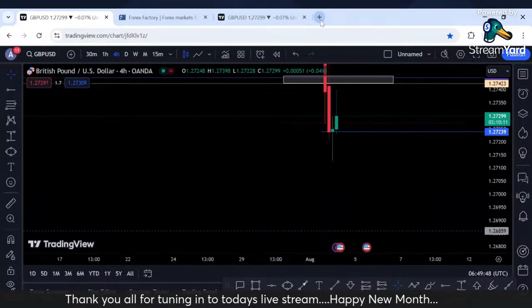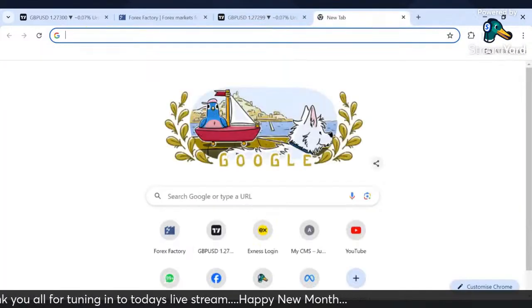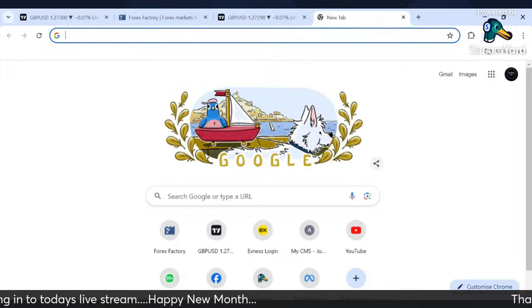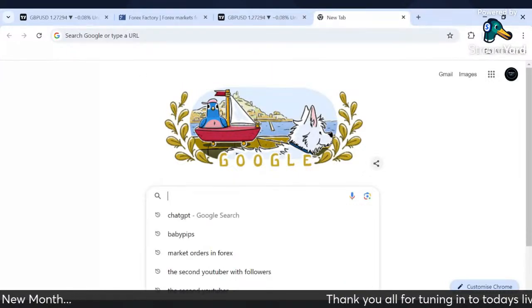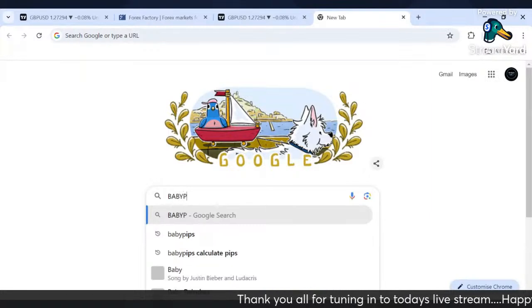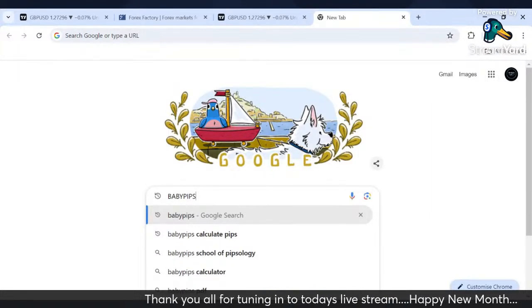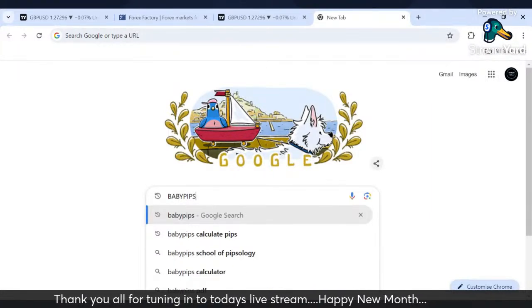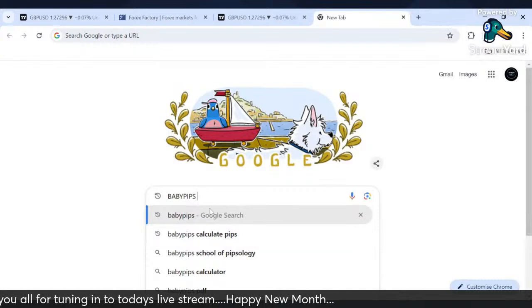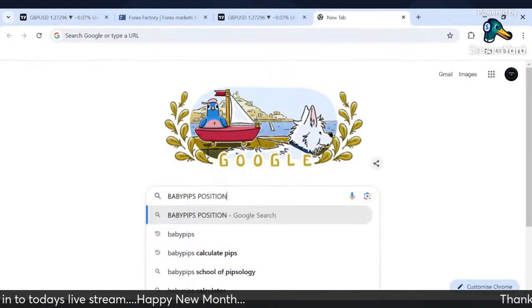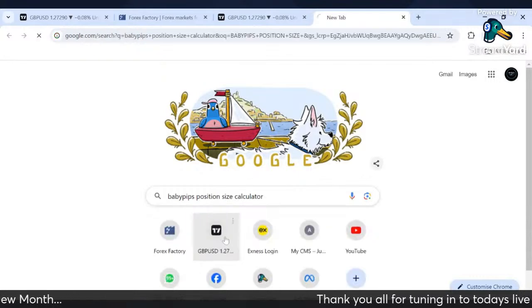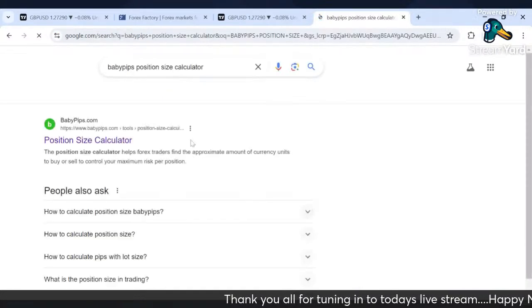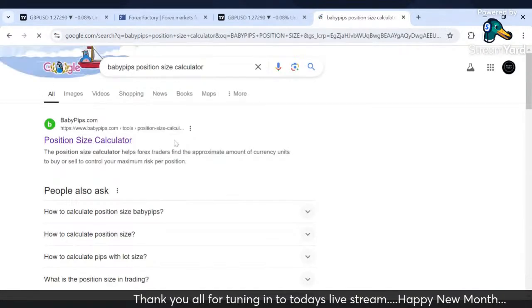So usually I will recommend you use the standard lots. Is it Babypips? Yeah, Babypips, the position size calculator. So use the standard lot.